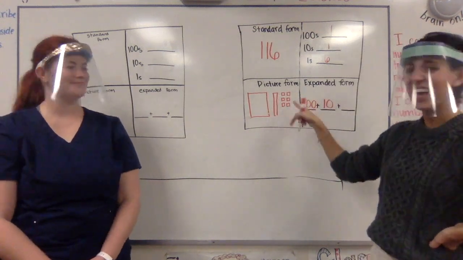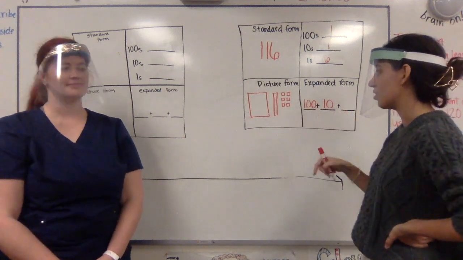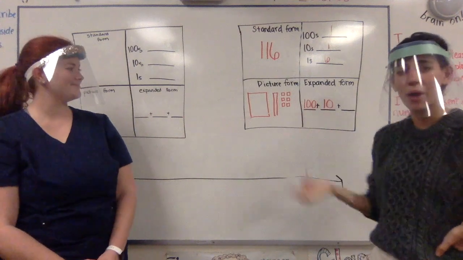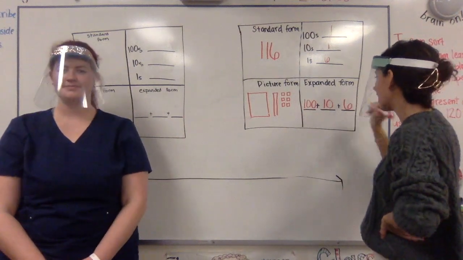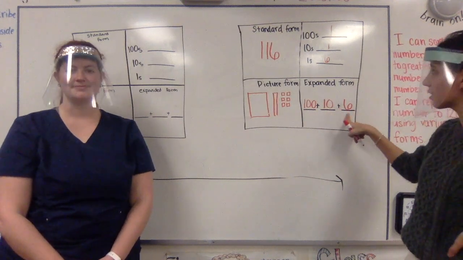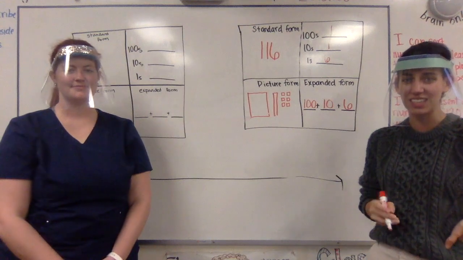Oh, and here I can see my ones, so I can count them and see how much my ones are worth. So I have 1, 2, 3, 4, 5, 6. So my ones are worth 6. So 100 plus 10 plus 6 would equal my standard form of 116.